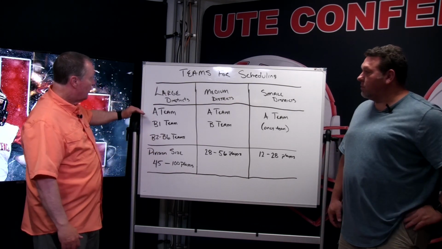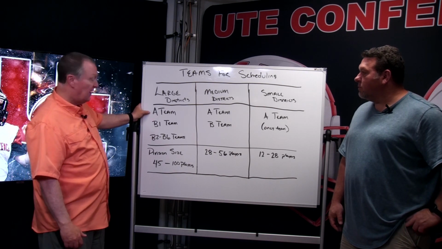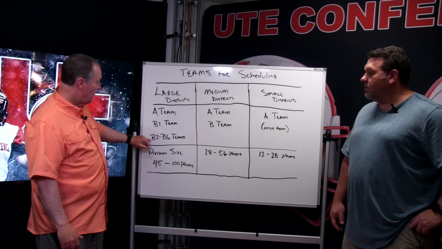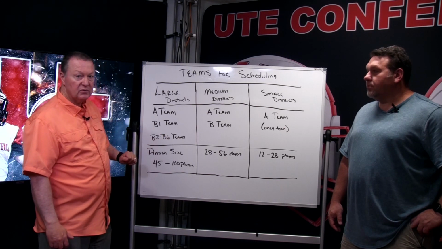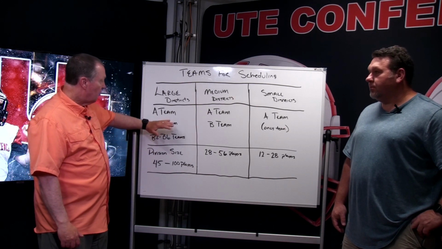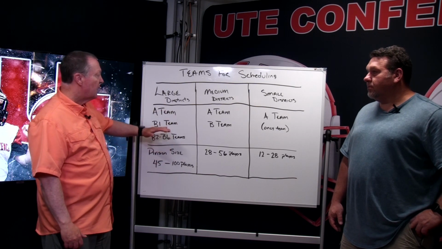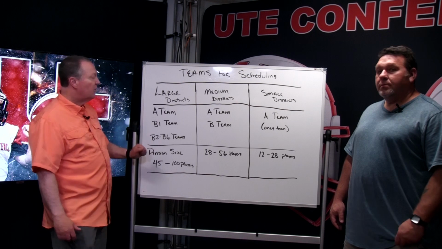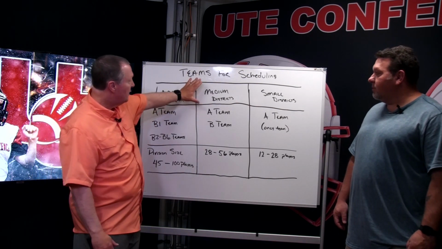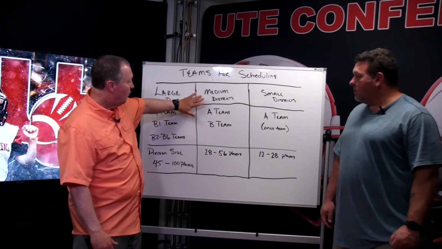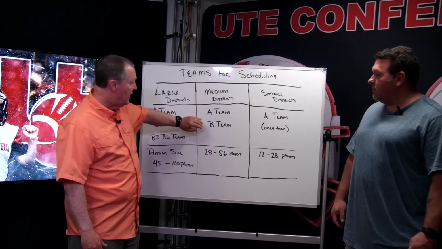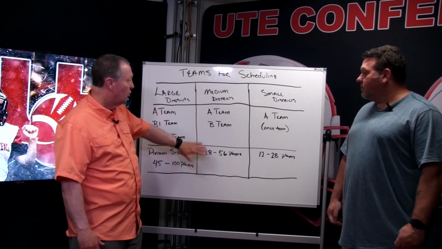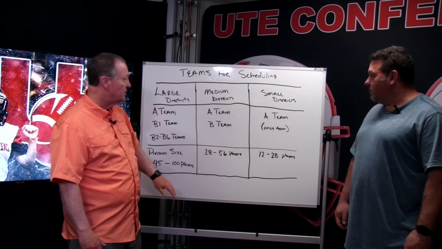And so that will consist of an A team, a B1 team, and B2 through B6 teams. So how we do this has got to be methodical, because an A team, well, let's jump over to the next division. Medium-sized districts, they will have an A team and a B team. Generally, they have about 12 teams in their whole organization.